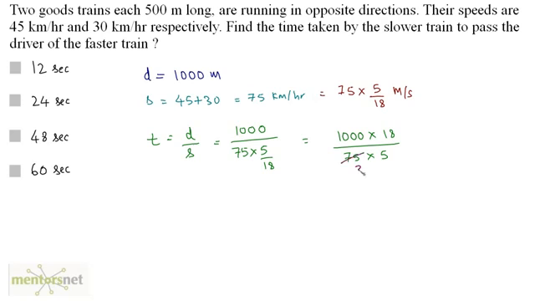Now 25 times 3 is 75, 25 times 40 is 1000. 3 times 6 is 18, and we have 5 times 8 as 40. So we have 8 times 6, that is 48 seconds as the time taken. So option C is the correct answer.